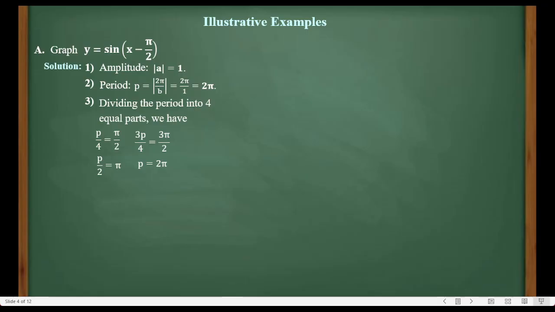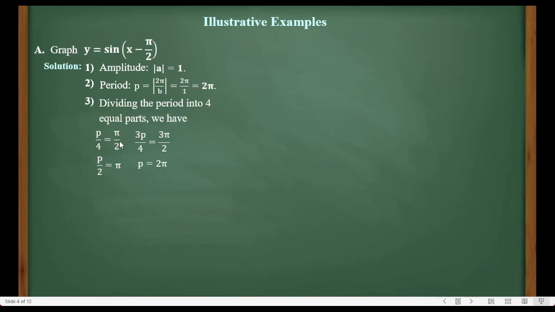So that is pi over 2. How did we get pi over 2? We know that p is obtained from number 2, which is 2 pi. So that will become 2 pi over 4, or simplified, pi over 2.